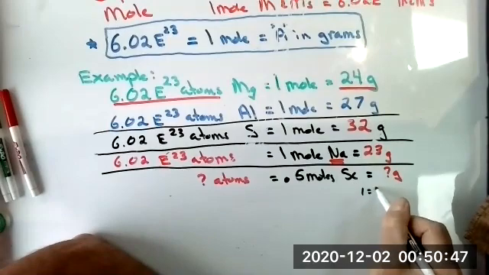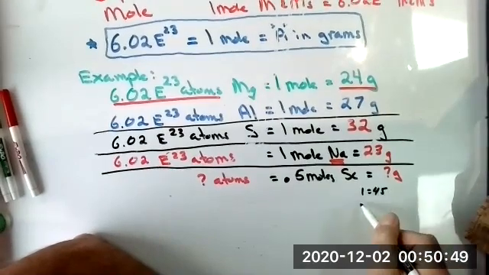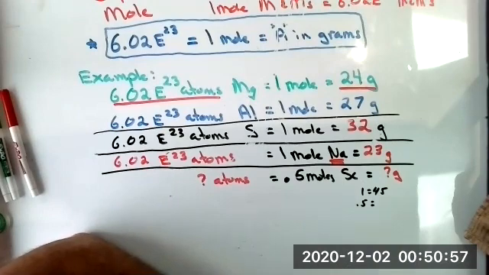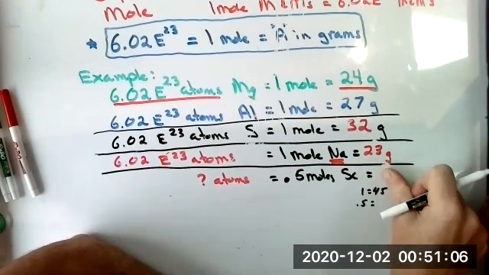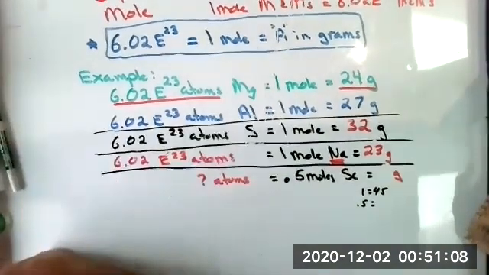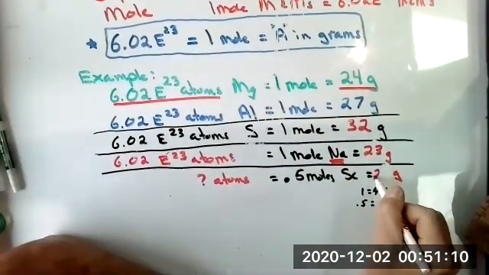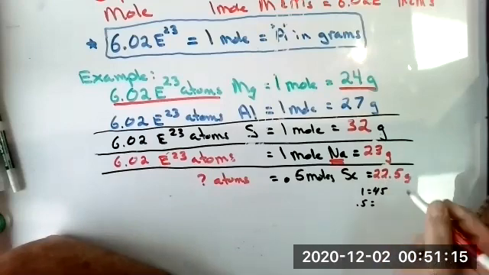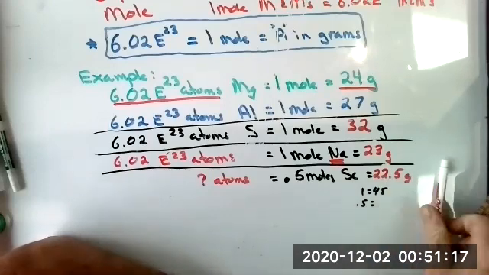If 1 mole is 45, but I only have a half a mole, that's half of that. What's half of 45? 22.5 divided by 2, 22.5. Okay, well, that's nice. I've got 22.5 grams, because I got a half a mole of that substance.